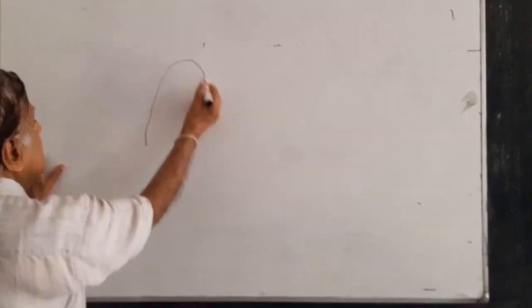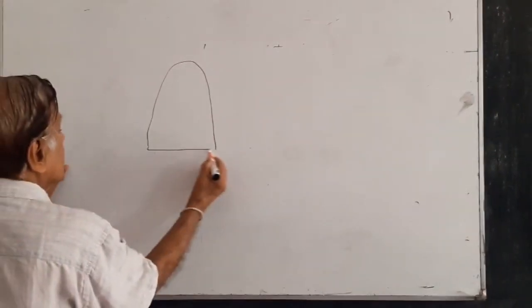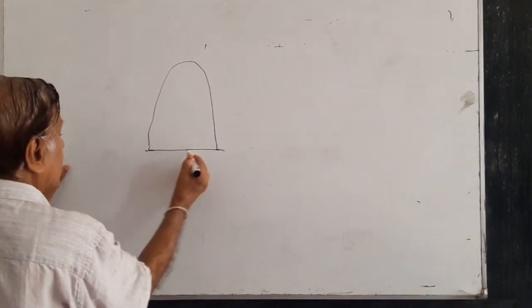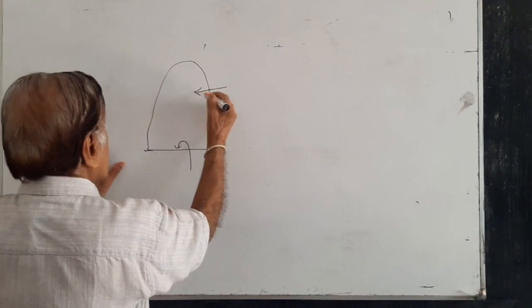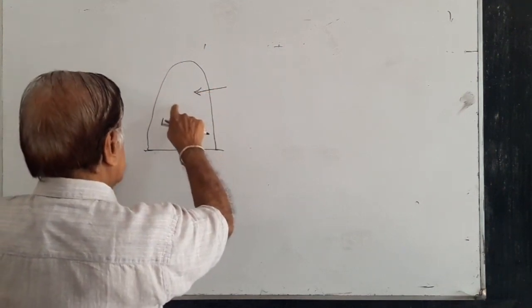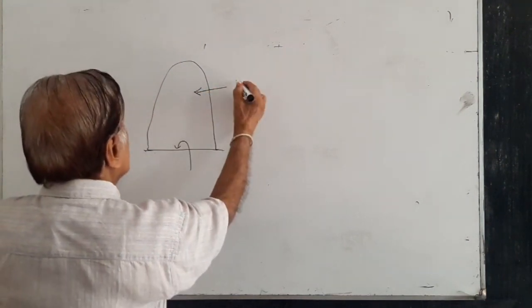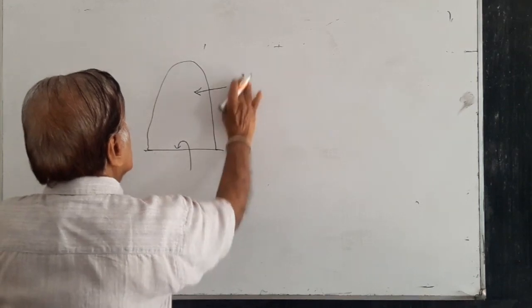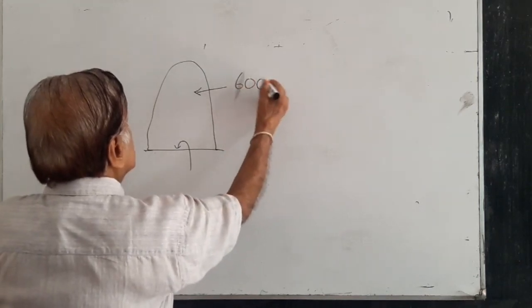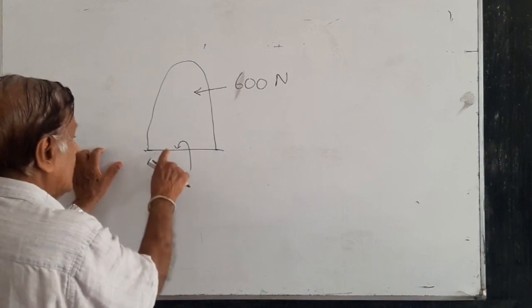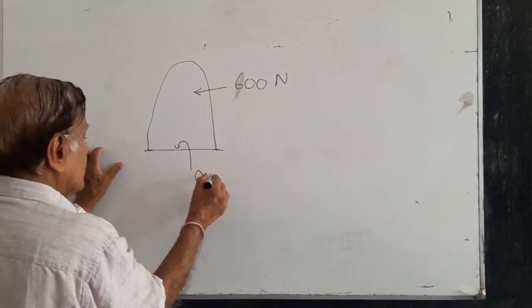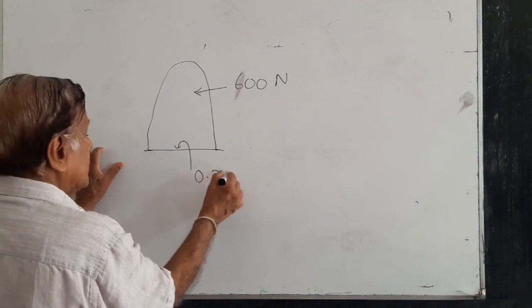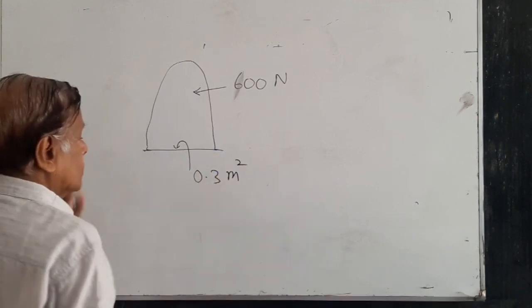The weight of this heap of soil is say 600 newtons, and the area is 0.3 square meters.